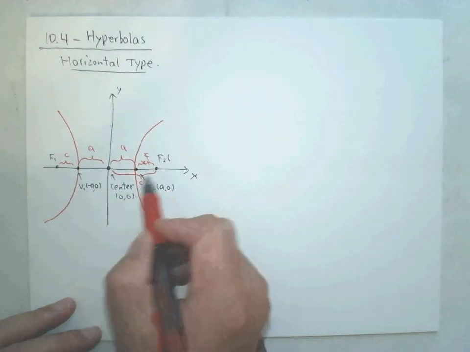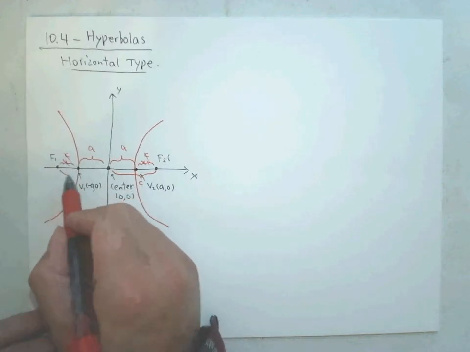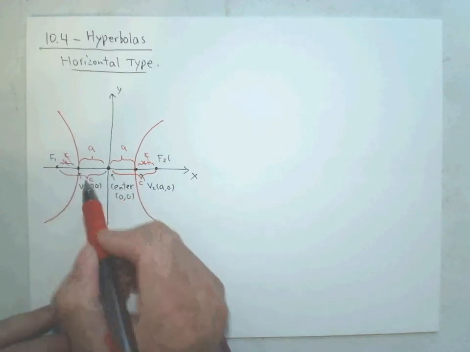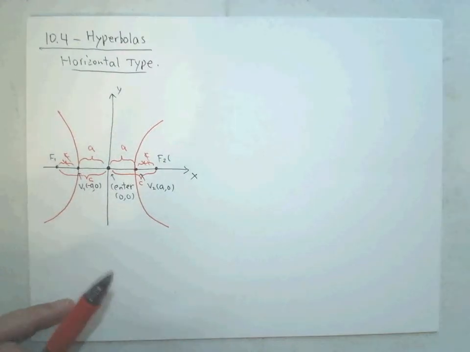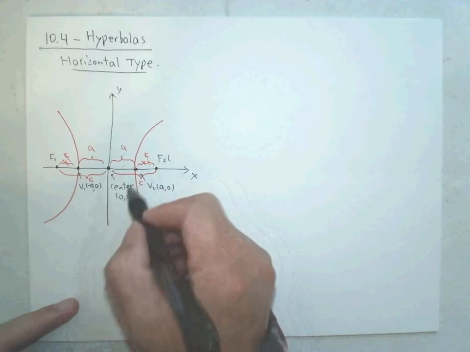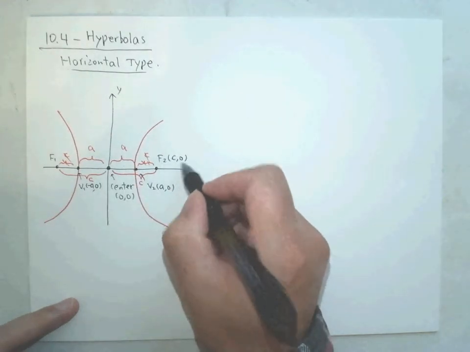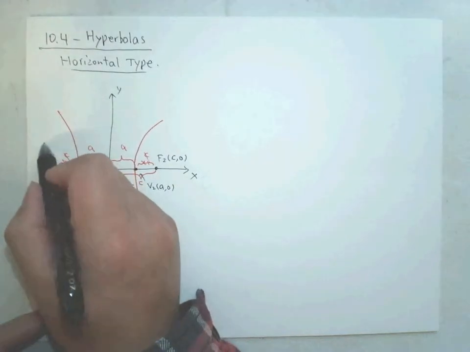So the coordinate of F2 is (c, 0), and the coordinate of F1 is (-c, 0).